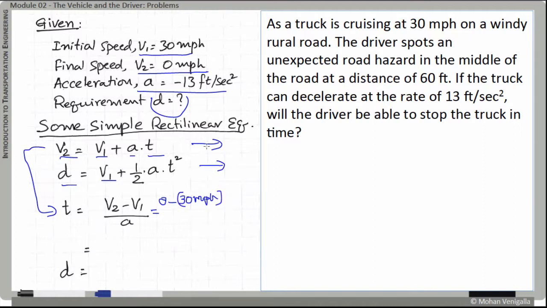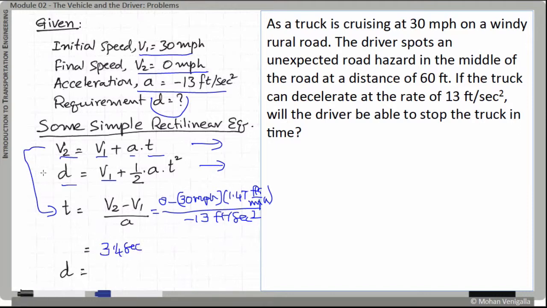Converting miles per hour to feet per second, the conversion factor is 1.47 feet per second for each mile per hour, divided by the acceleration rate, which is minus 13 feet per second square. That's the acceleration rate, or alternatively the deceleration is minus 13. So be careful with the signs when you are entering. The solution here is 3.4 seconds.